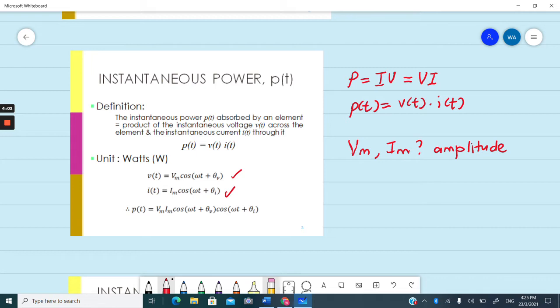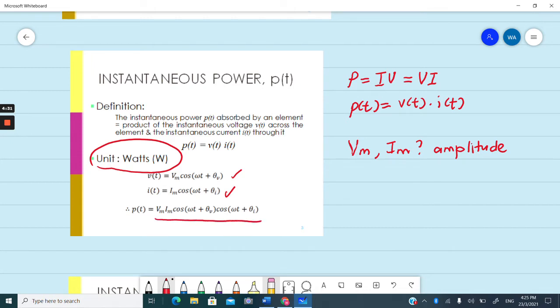And the unit for the instantaneous power is still the same as you learned previously. The unit is watts. When you calculate the instantaneous power, we include the value of v(t) and the value of i(t), so the instantaneous power p(t) gives this equation.